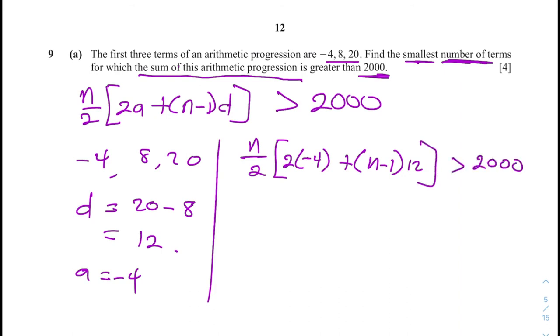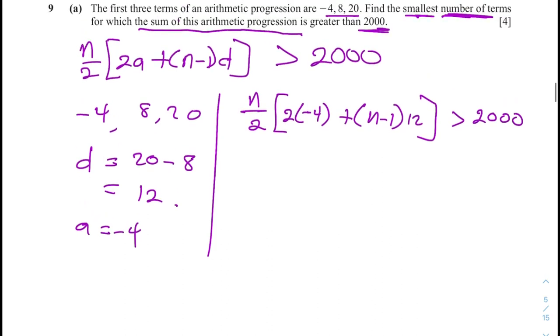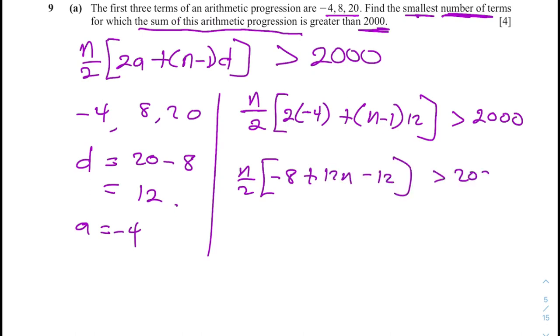All this is greater than this value. So we have n into brackets, -8 plus 12n minus 12 is greater than this. So we can further simplify what's in the brackets. We have 12n minus 20.